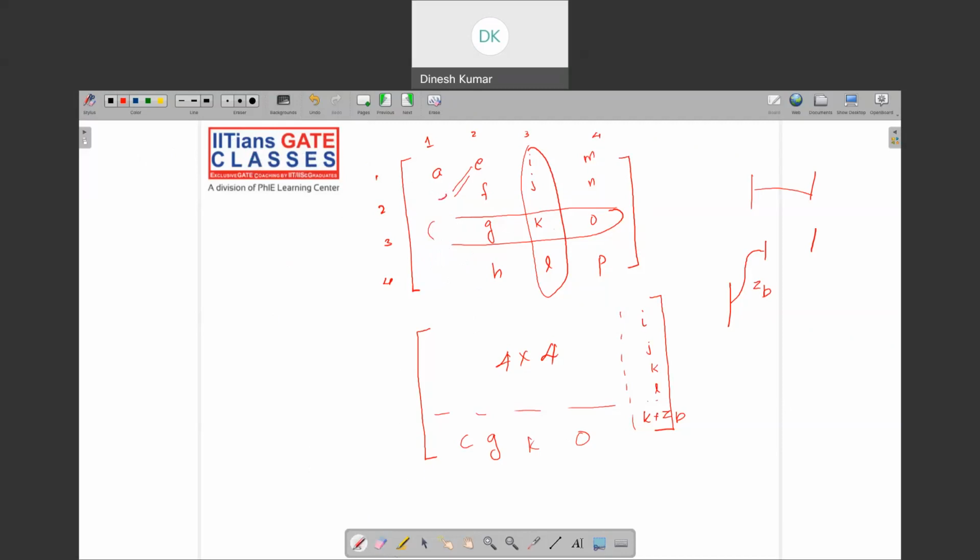This will be A, E, I, M. This will be J, N. So here also, this will basically be J. I just make it symmetric.